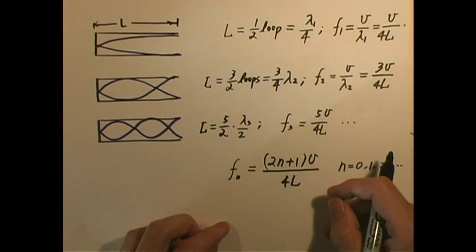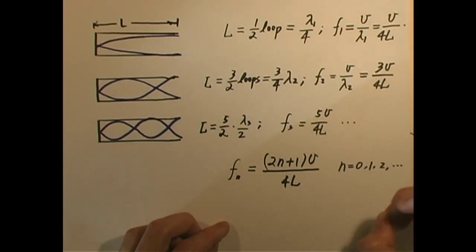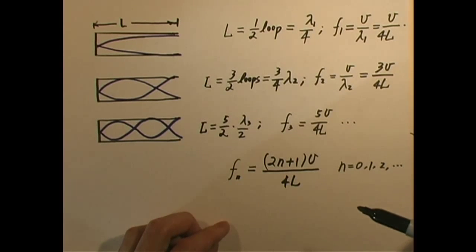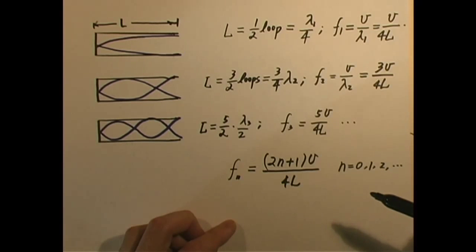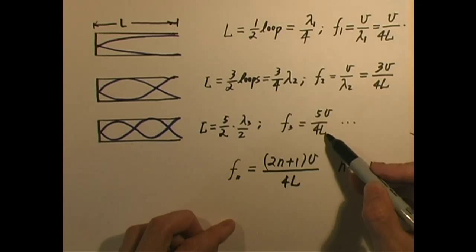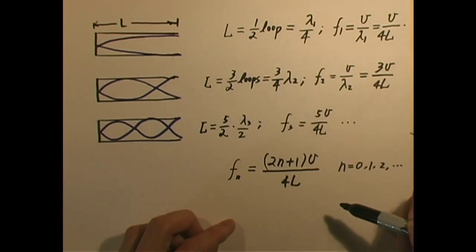Okay, this is how we can use a pipe of a certain length to select a frequency we want to produce. You see, the frequencies that can exist on this pipe depend on 2 things, okay? One is the speed of the sound, the other is the length of the pipe. So by choosing the length of the pipe, we can figure out what kind of frequency can be produced.